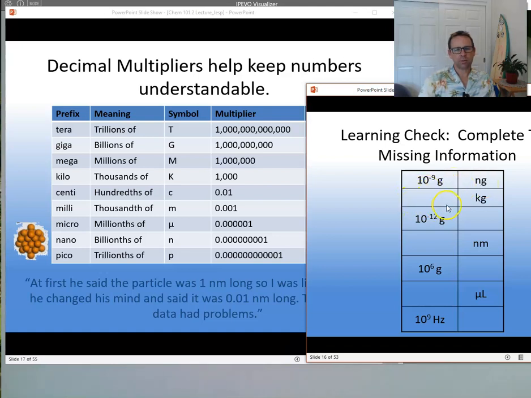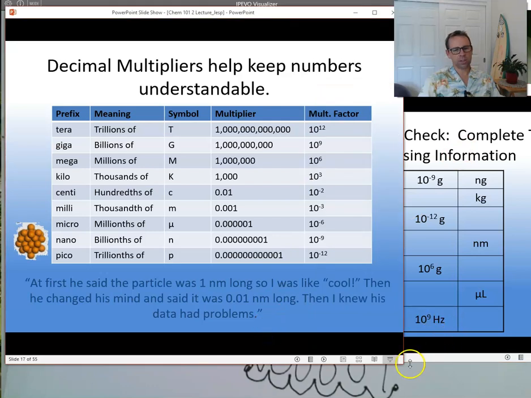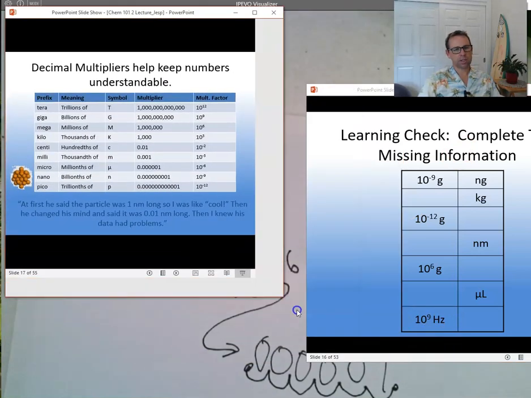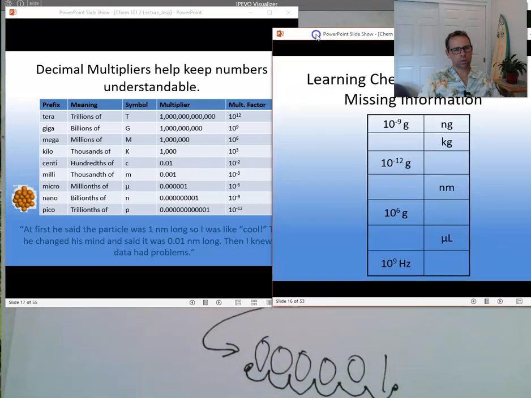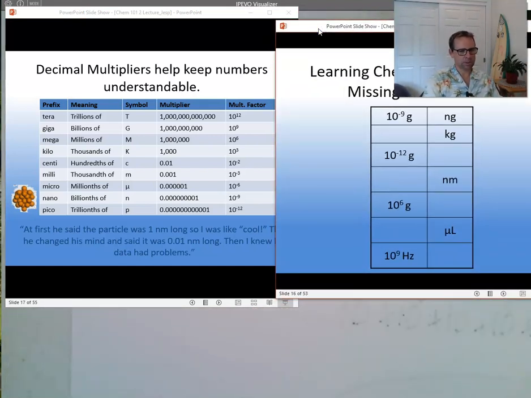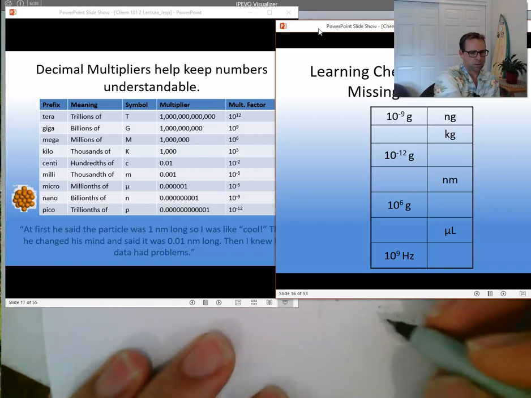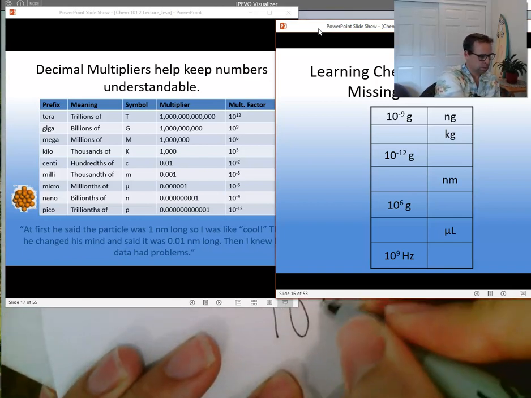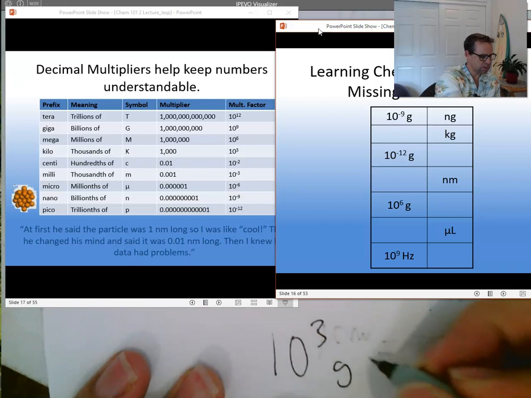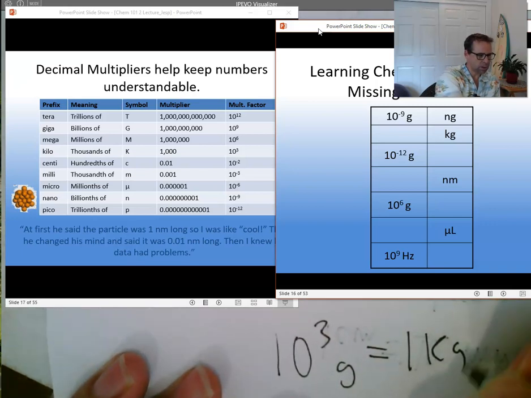What is missing over here for kilograms? How many grams would be in a kilogram? 1,000. That's right. Now, how would you say 1,000 in terms of what we call scientific notation, or using 10 to the something? 10 to the 3. Very good. 10 to the third grams is equal to 1 kilogram.